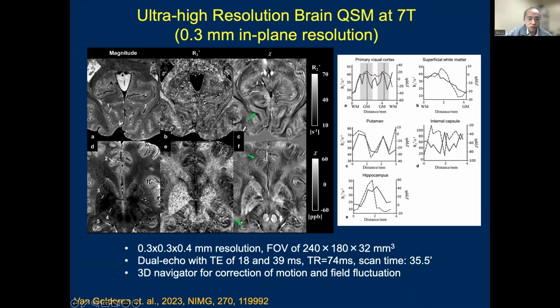Here are some example images of the T2 star weighted and QSM images acquired at 0.3 millimeter in-plane resolution. If you look closely, you can see some very detailed anatomical structures like the line of Gennari or the superficial white matter, and also the details of the hippocampus.